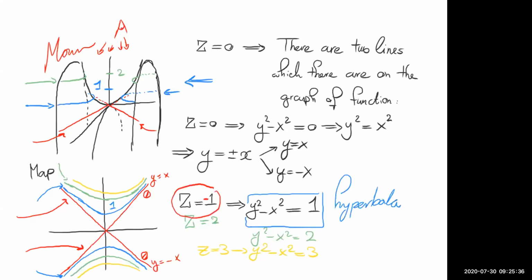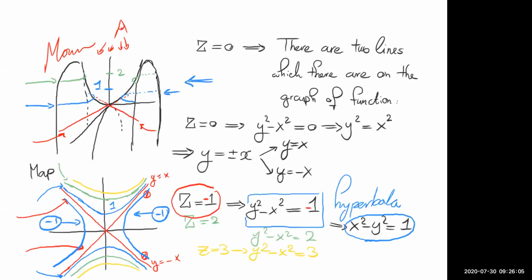It means y squared minus x squared should be minus 1, or in other words, x squared minus y squared equals 1. Now, this is actually another hyperbola, but it's a hyperbola here. So this is where the elevation from sea level is minus 1 rather than 1.